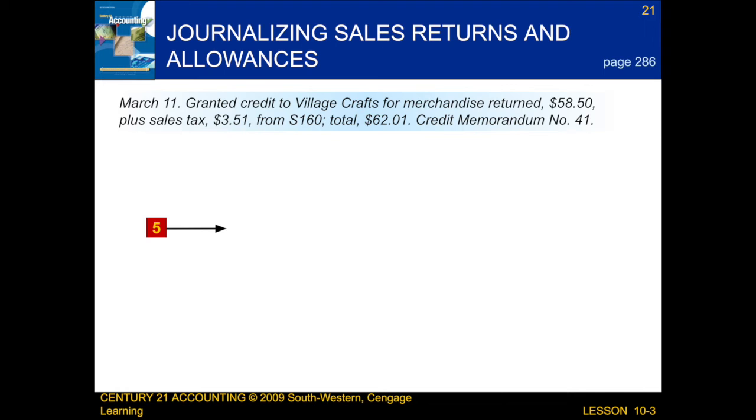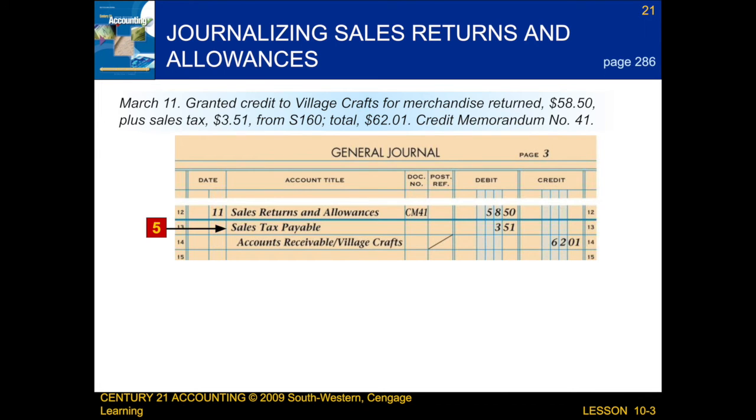All right, so when we journalize a transaction related to sales, returns, and allowances, there are a few steps that we follow when doing this process. First, we write the date, which is March 11th, in the date column. Next, we write sales, returns, and allowances in the account title column.